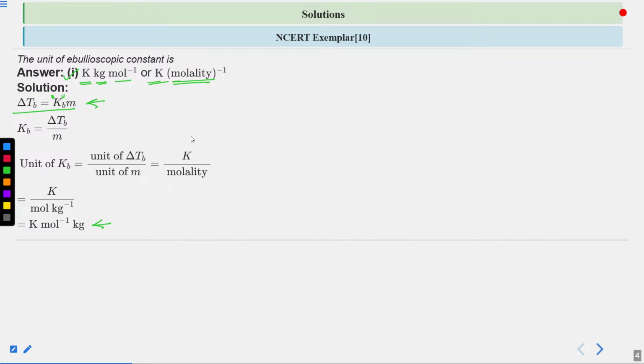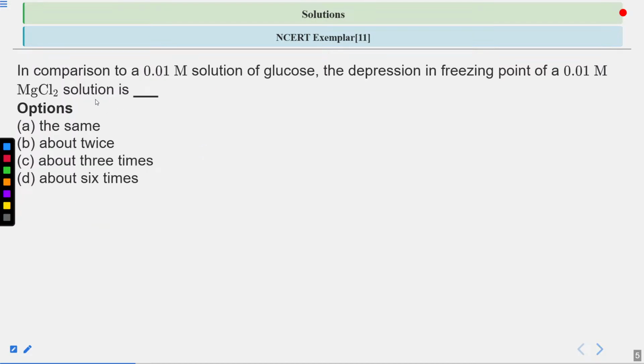Okay, so now let's move on to our next question. The next question asks: in comparison to a 0.01 molar solution of glucose, the depression in the freezing point of a 0.01 molar MgCl2 solution is.